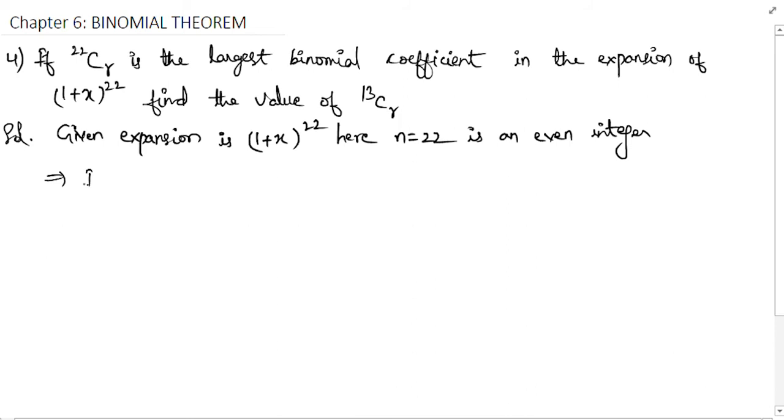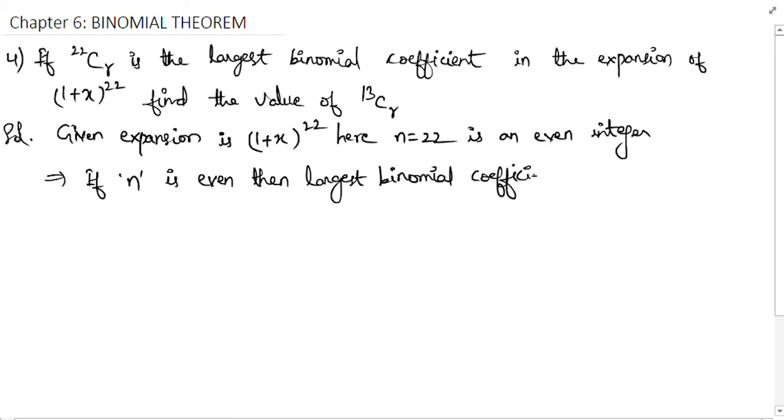So that implies if n is even, then the largest binomial coefficient is nC(n by 2), which is equal to 22C11. Okay.